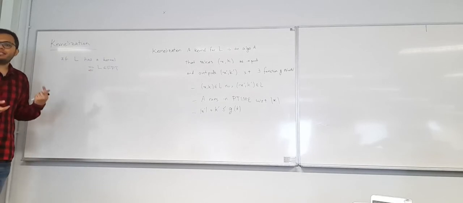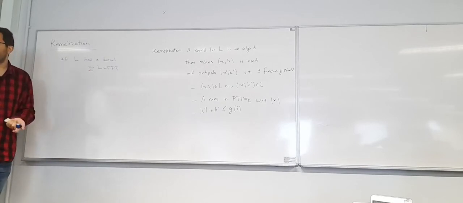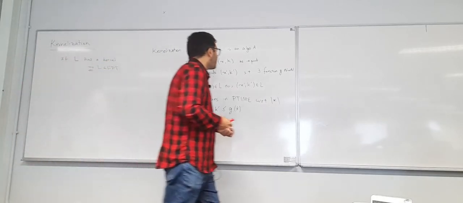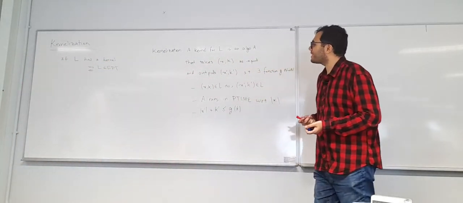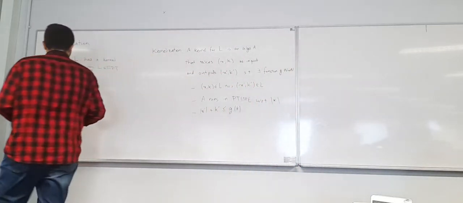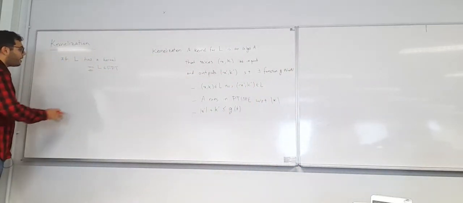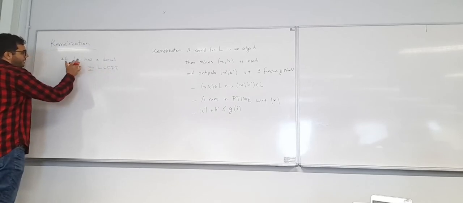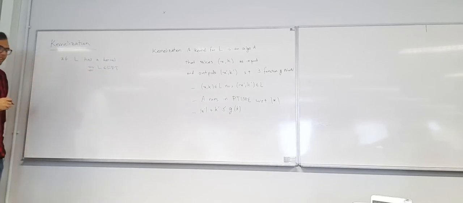Now, this would be very weird, but actually the answer is yes. And this is probably the stupidest thing that I have to prove in this class. So when you see the proof, you'll see why. So I want to say that if L has an FPT algorithm, then L has a kernel. Here's the proof.